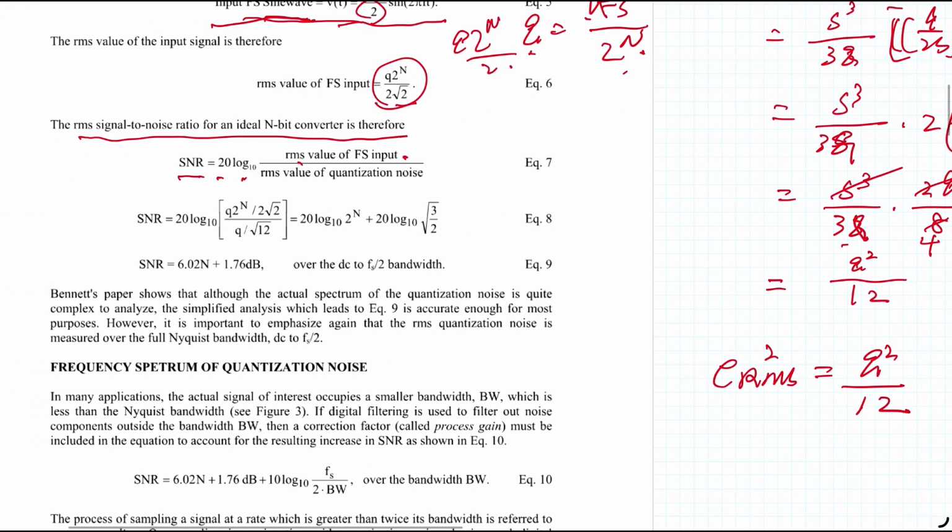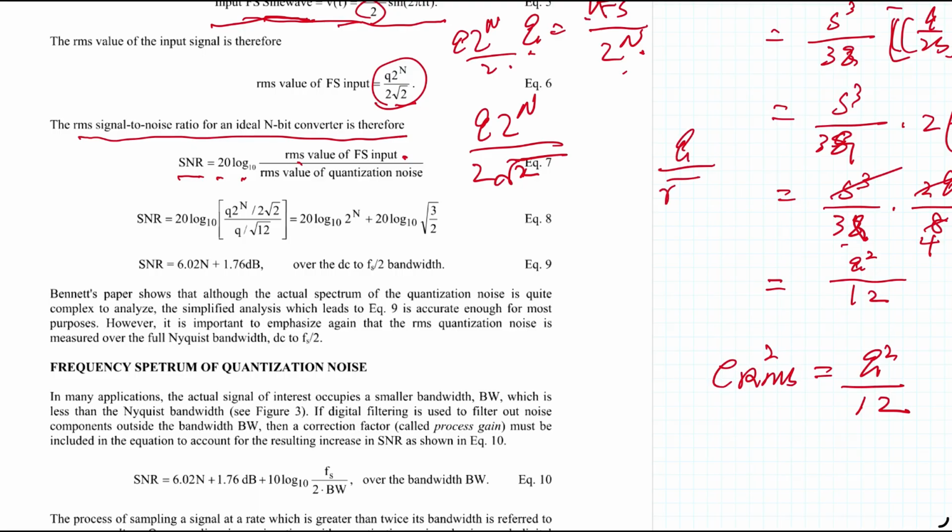Then we can put these two numbers into the equation. That will be straightforward. The RMS value is q times 2 to the n divided by 2 square root of 2, and you divide by the RMS value of the noise, which, remember, is q over square root of 12. You can invert this, it is square root of 12 divided by q, so the q and q cancel.